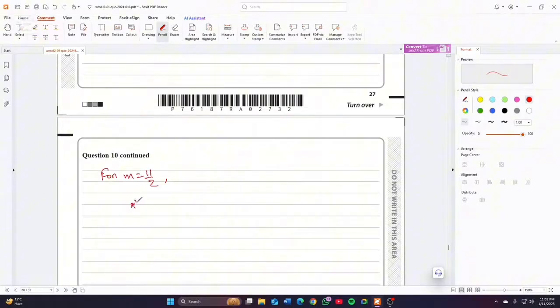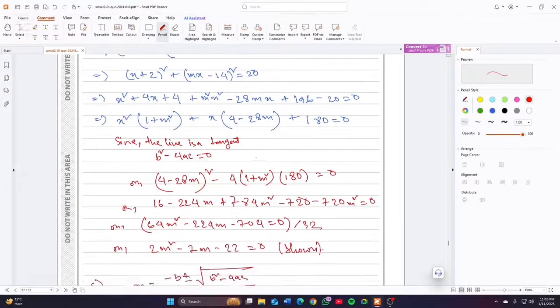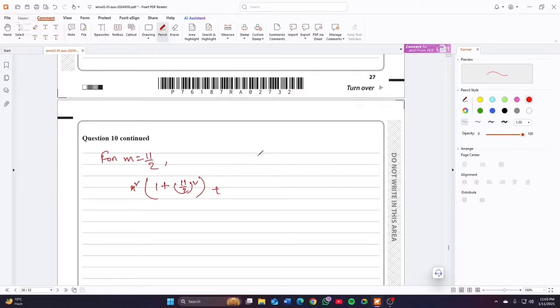What was it, x square, 1 plus m square, right? 1 plus 11 by 2 square plus, it was x 4 minus 28 into m. Okay, so plus 4 minus 28 into 11 by 2 x, and then plus 180 equals 0.